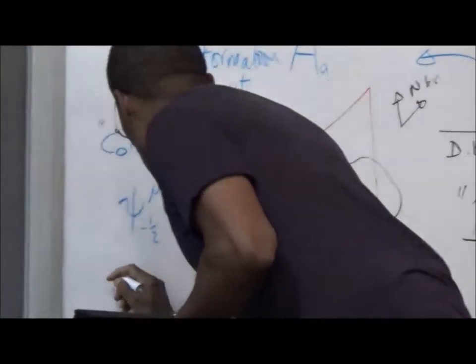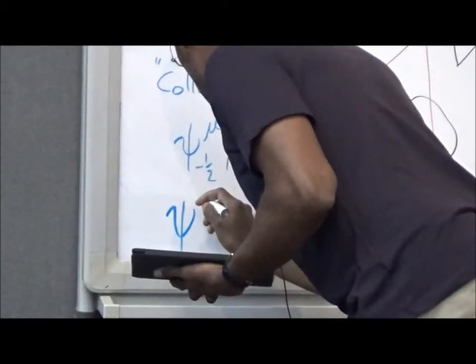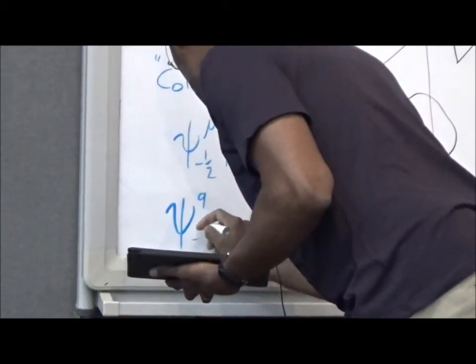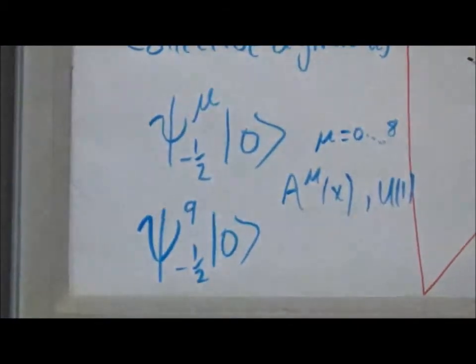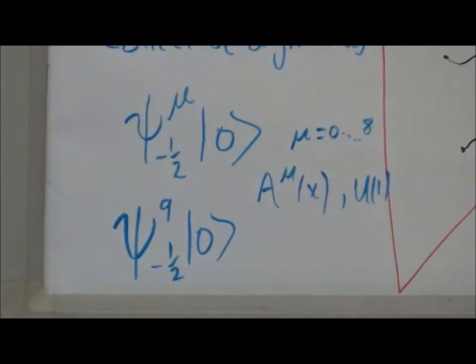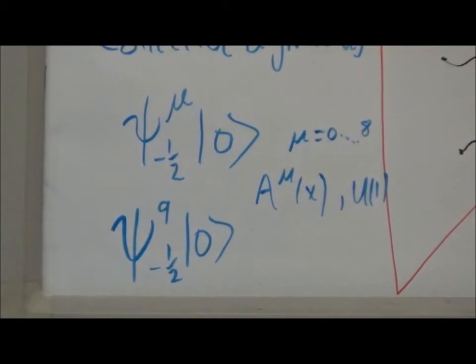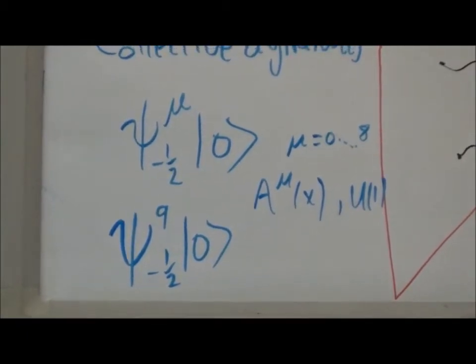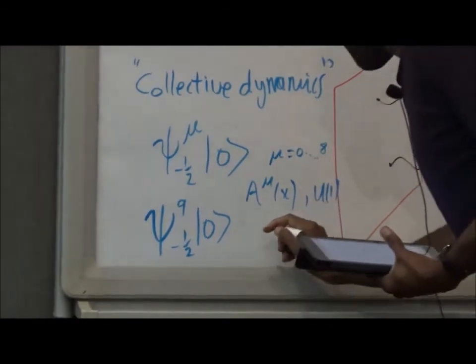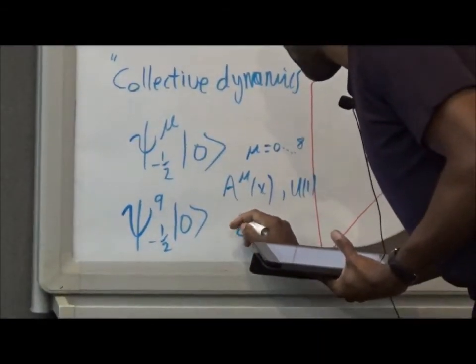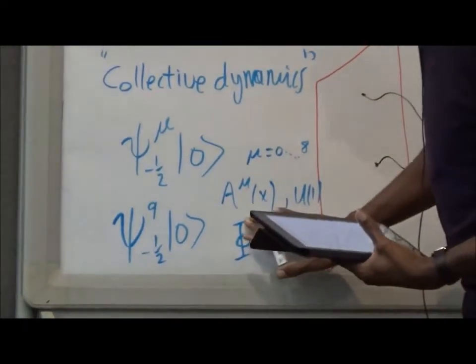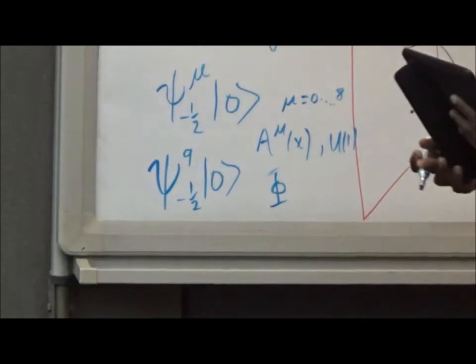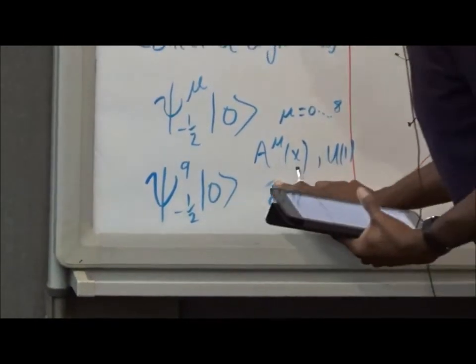The other one, the missing component, psi 9, right? That's also a massless field, but from the point of view of the 0 to 8 directions, it's just a scalar, right? But it's in the spectrum as well. So this is a scalar, which let me call phi, lowercase.